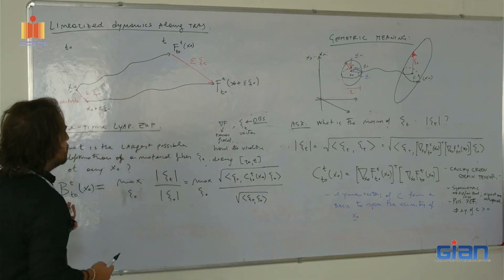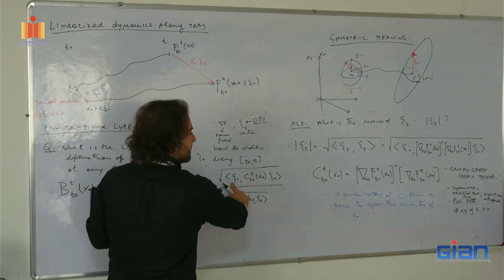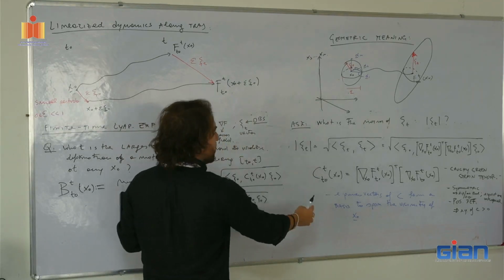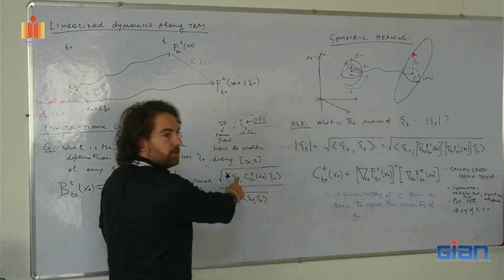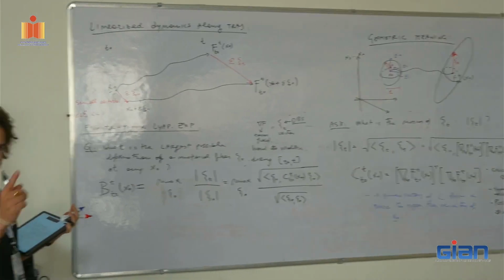So what you can do now, because you can write zeta 0 as a linear combination of the local eigenvectors of C, if you do this exercise, what are you going to get? What's the maximum? The maximum, yeah, good.